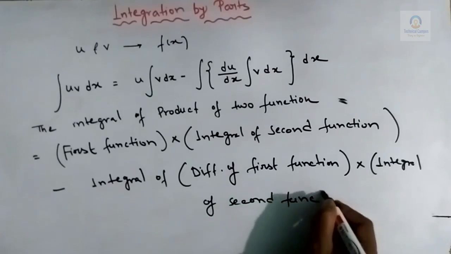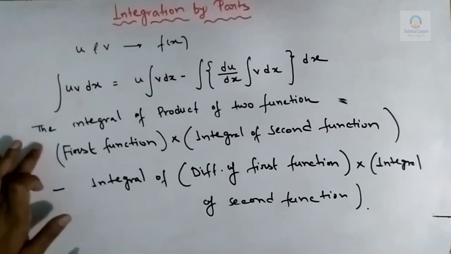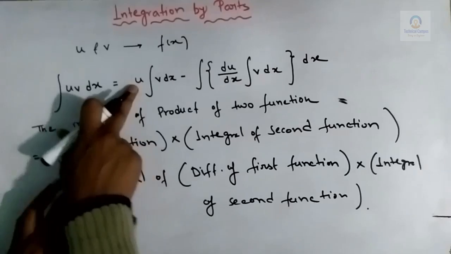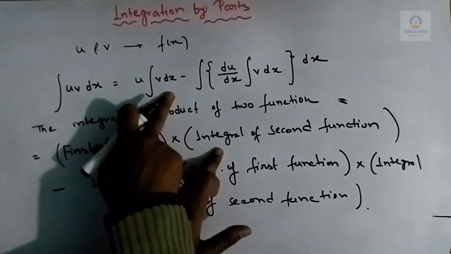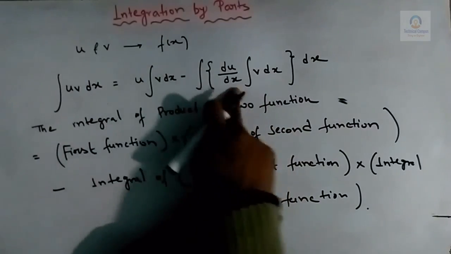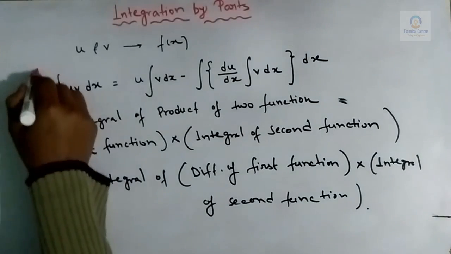So we can write the above formula in theoretical way such that the integral of the product of two functions u and v is equal to the first function and the integral of the second function, minus the integral of the differentiation of the first function and the integral of the second function. This is the formula we have to use in order to perform integration by parts.